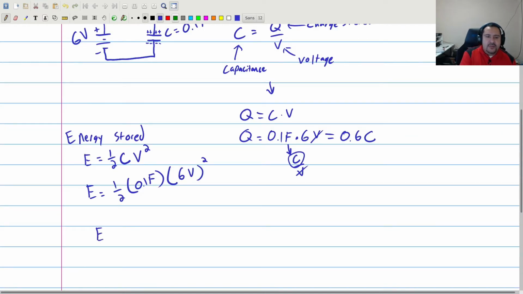E ends up being equal to, in this case, start with the exponent, 6 times 6 is 36. 36 times 0.1 is 3.6. And half of 3.6 is 1.8 joules.